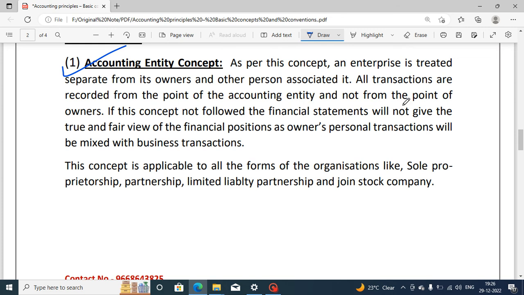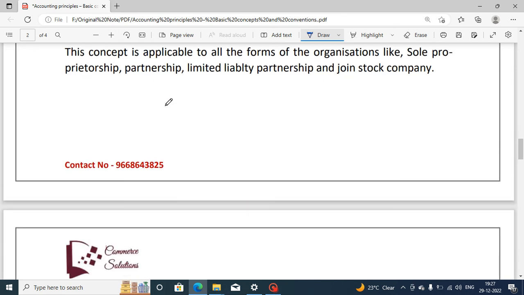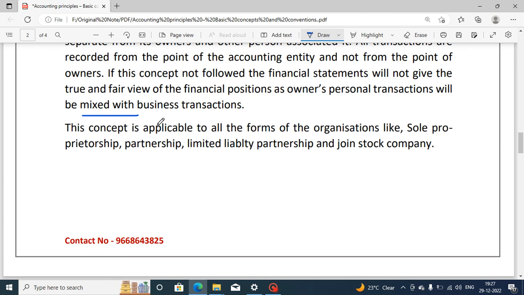If this concept is not followed, the financial statement will not give a true and fair view of the financial position, as the owner's personal transactions will be mixed with business transactions. This concept is applicable to all forms of organizations like sole proprietorship, partnership, limited liability partnership, and joint stock company.